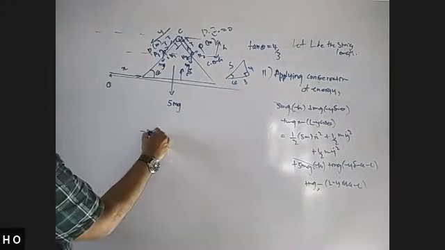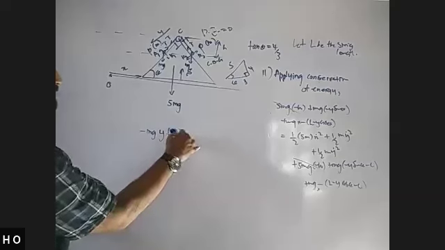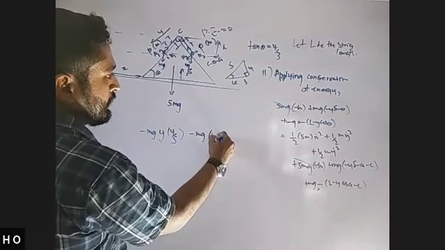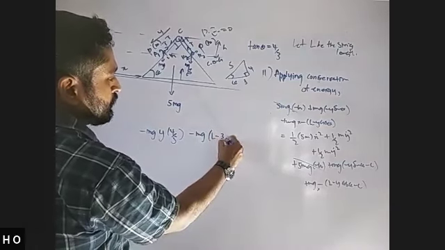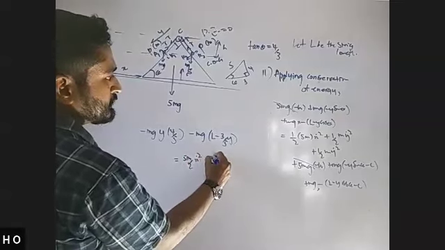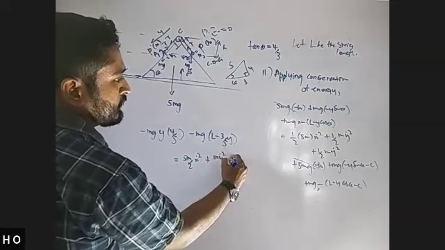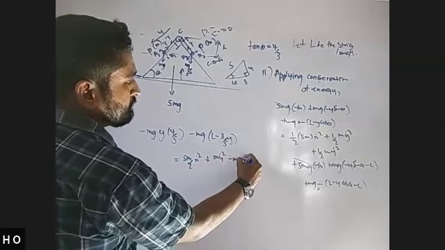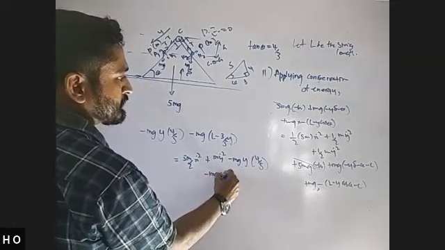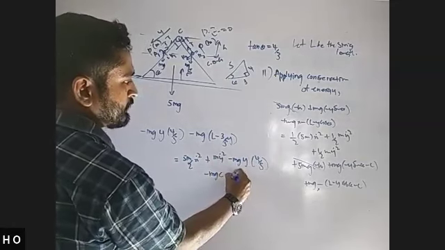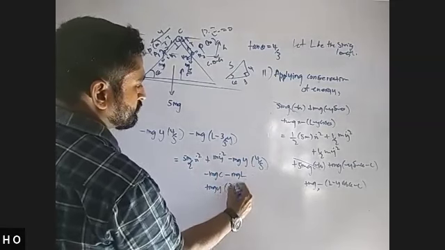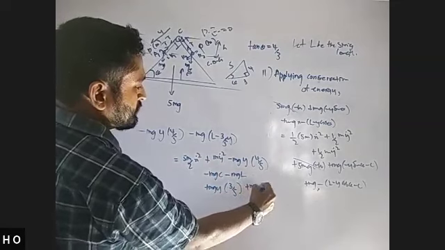So minus mg y into 4/5 minus mgc minus mgL plus mg y into 3/5 plus mgc equals 5m/2 x dot squared plus m y dot squared altogether.